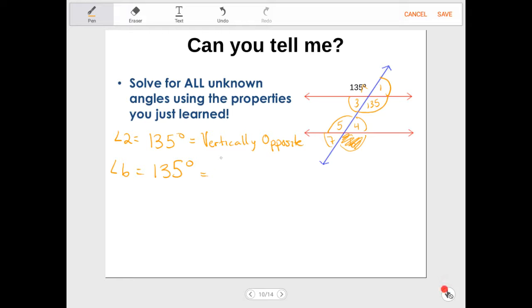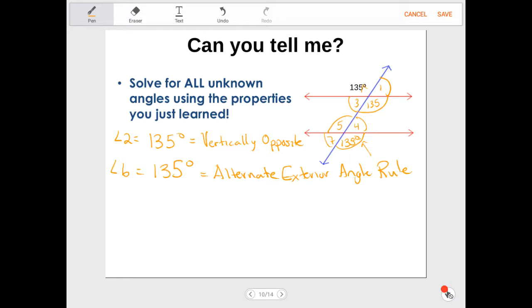Why is that? That is the alternate exterior angle rule. Okay, there you go. So if I erase this, this would now be 135 degrees. Good.